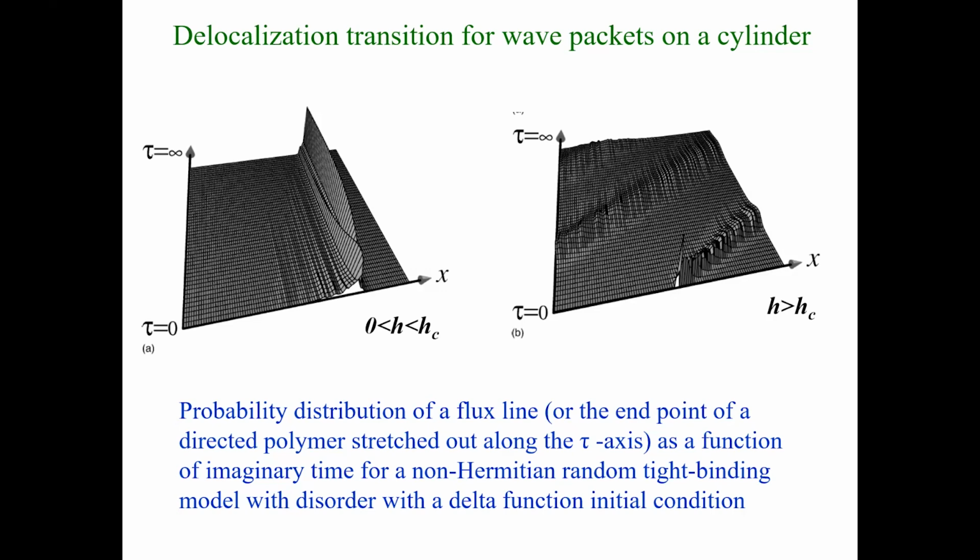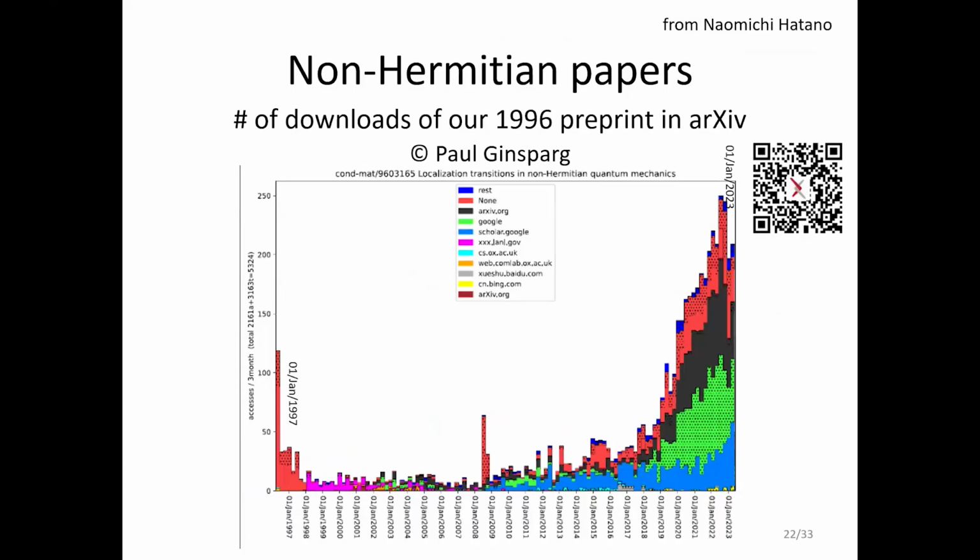But there's one with Amici that is a kind of sleeping beauty. I discovered this thing called sleeping beauty in the archive. The paper can lie dormant and then jump up. So I never had a sleeping beauty paper, but this one might qualify. And Paul Ginsparg sent us this. This is the number of downloads of our paper.